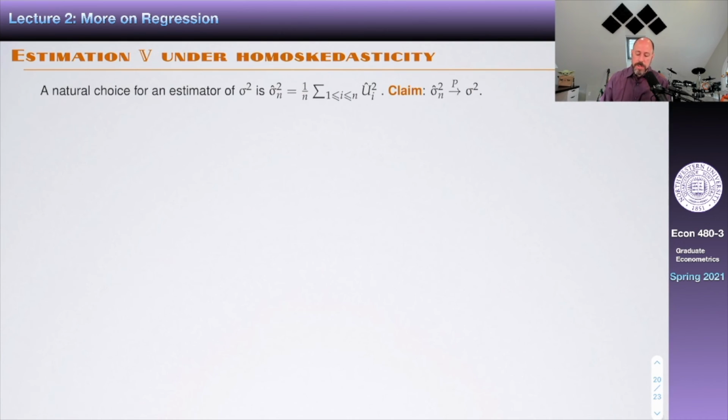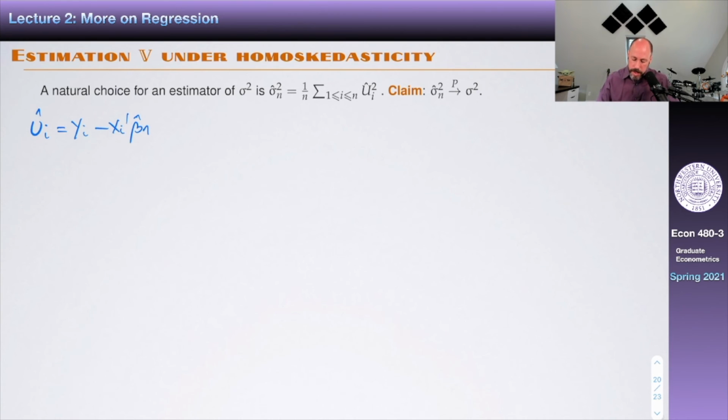So a natural choice for this estimator is just 1 over n, the sum of the residuals squared, and the claim here is that this estimator is consistent, okay? So we're going to prove that. So first, let's write the residuals. U hat i are just yi minus xi prime beta hat n.